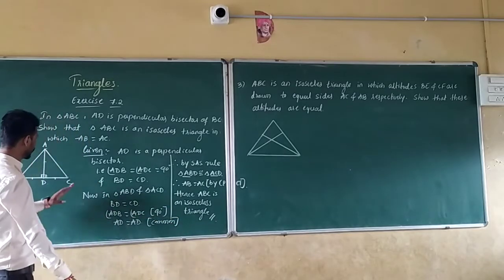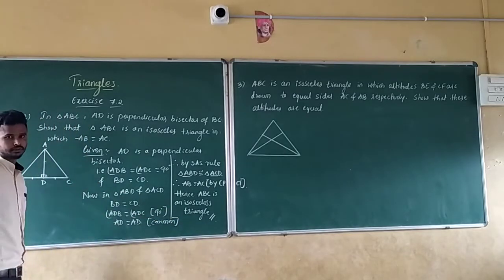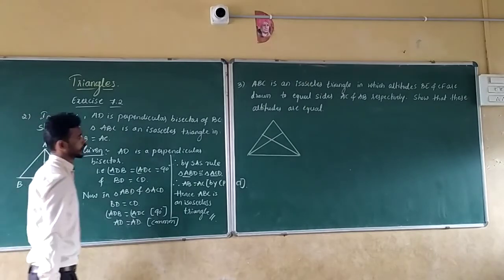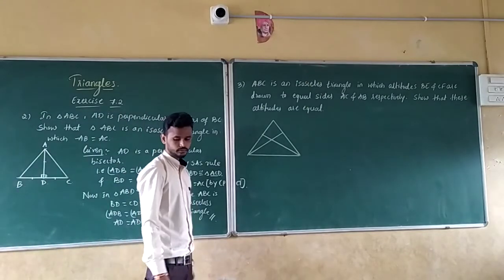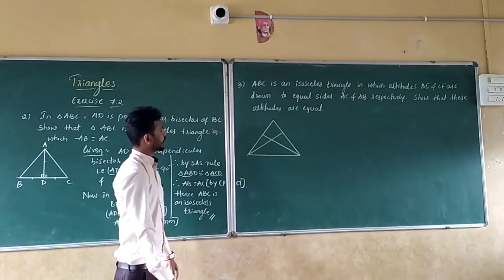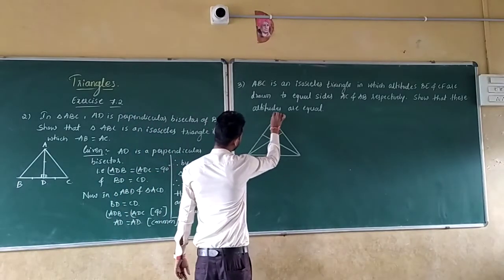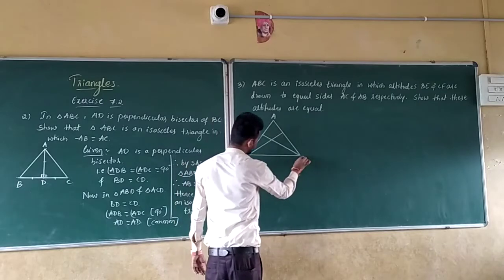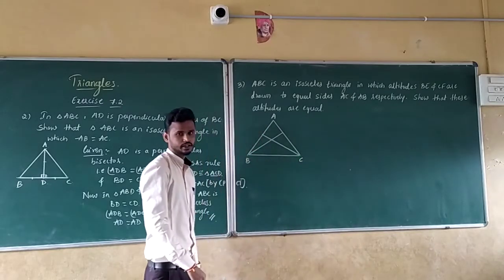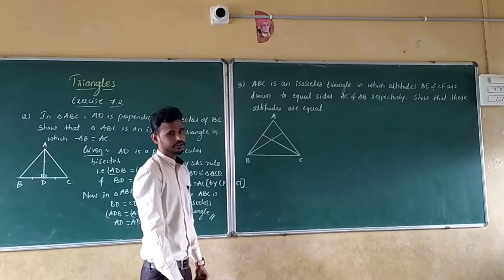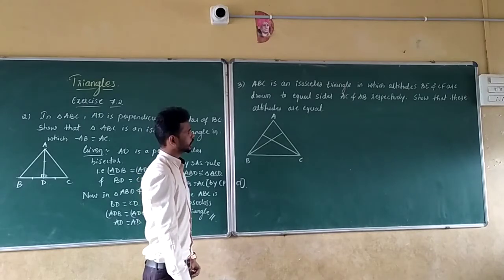So this is about question number 2. Now let us see the next question, the third one. ABC is an isosceles triangle in which altitudes BE and CF are drawn.